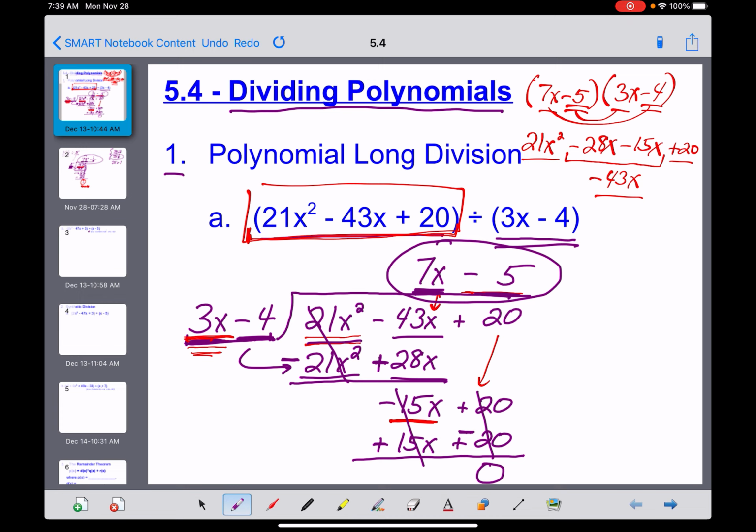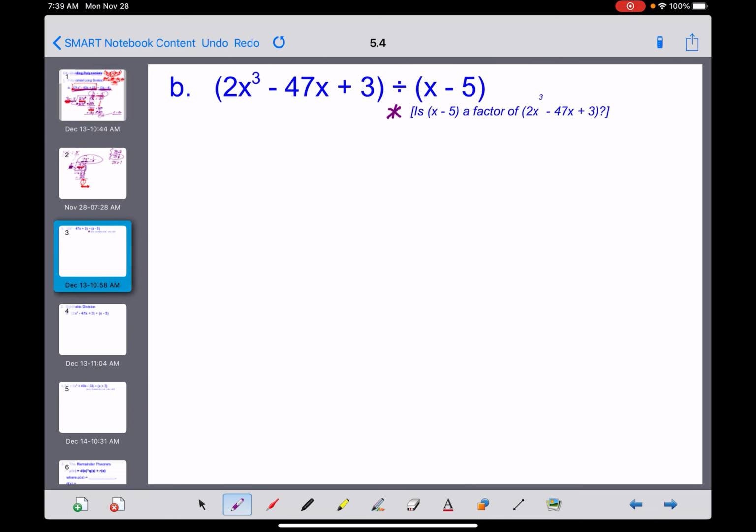Now, in the last problem we did, if I had asked you, is 3x minus 4 a factor of this polynomial, the answer would have been yes, because your remainder was equal to 0. Now, if that remainder was anything other than 0, let's say a 5 or a negative 3, then the answer would have been no. So let's see where this one gets us.